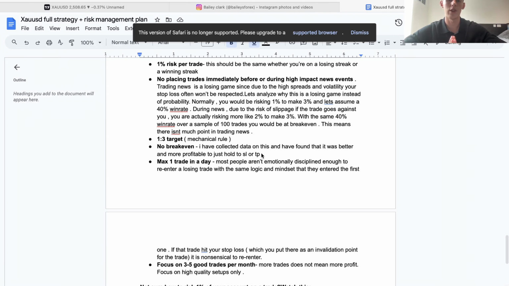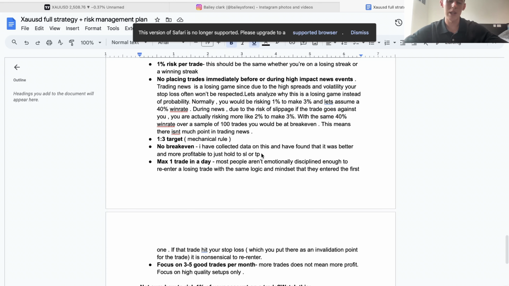So I'd recommend for most people to not re-enter trades once you lose, and have a maximum of 1 trade per day. Me personally, I only end up taking around 3 to 5 trades per month, and this is more than enough in order to make a decent percentage return.